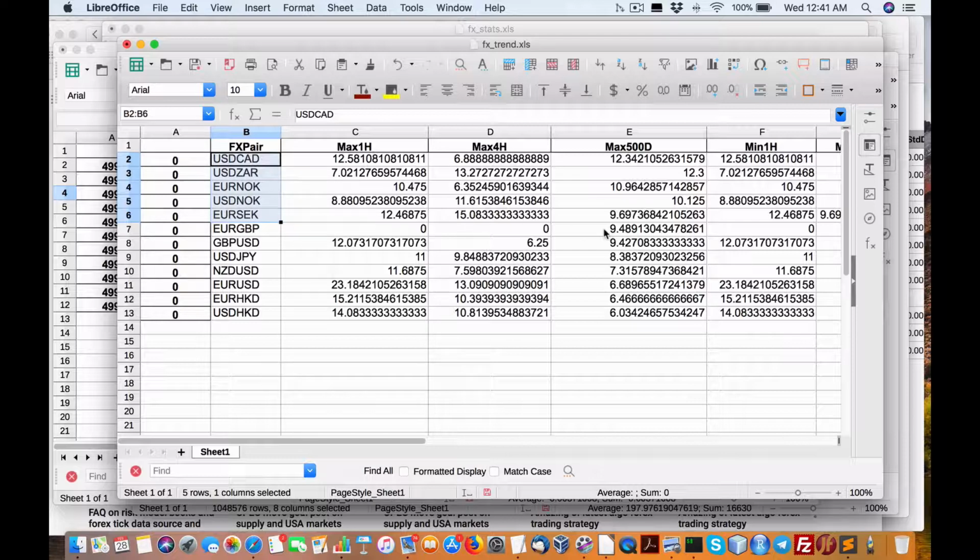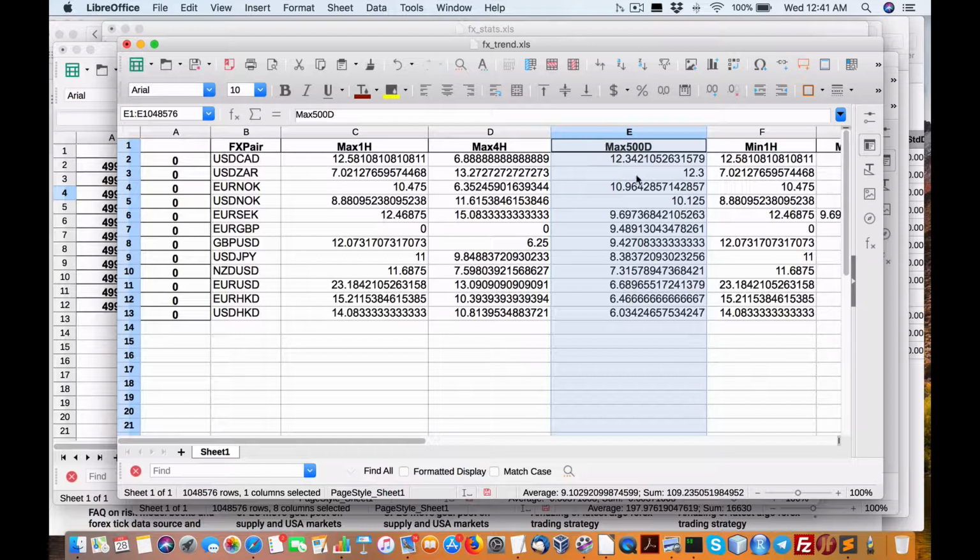Say I want to trade these 5 currency pairs based on trend. These are the daily trends, the steepest slopes, which means they have the highest rate of return daily over the last 500 time periods. I could change this 500 to whatever I want, but in this case, it's about a year and a half, which is pretty good.